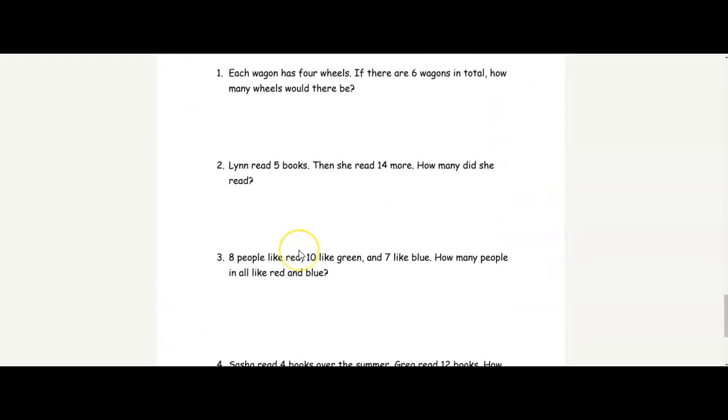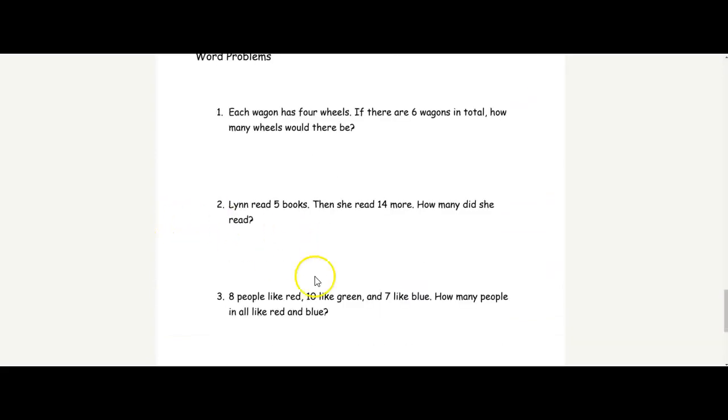Now, let's go down to a word problem. Let's see here. 8 people like red, 10 like green, and 7 like blue. How many people in all like red and blue? So the key words here are red and blue. So we just have to find the red and blue. So is this red?